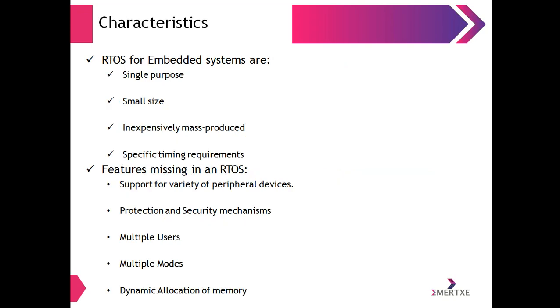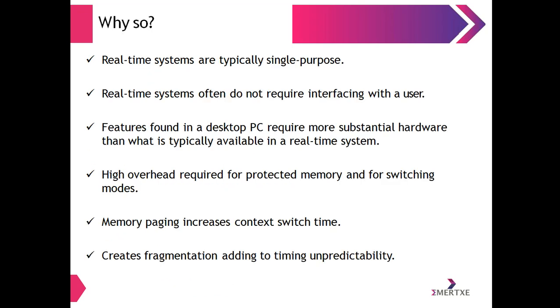All these points mean a few very important things here. Support for a variety of peripheral devices has been missing. Why? Because this real-time operating system is used in embedded systems, and an embedded system has very limited functionality. Suppose we are using a microwave, a washing machine, or a digital camera.